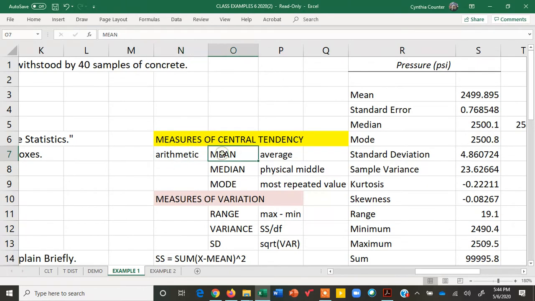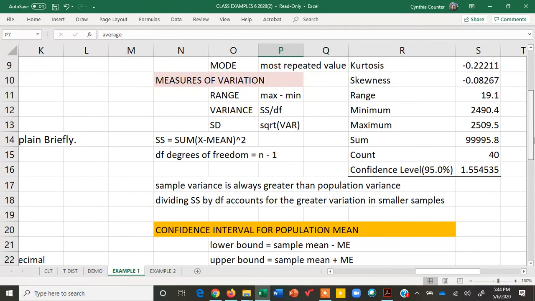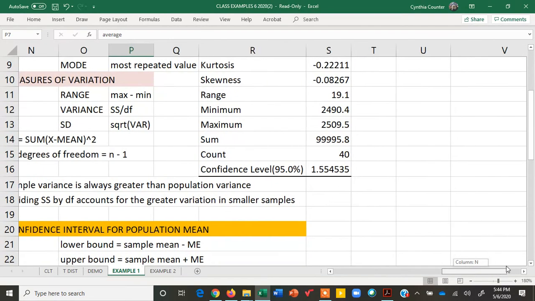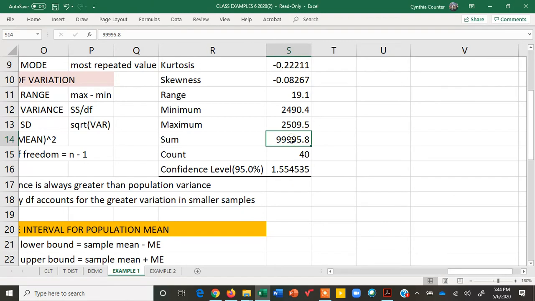So the arithmetic mean, which is the average, we know that you have to add all the data together and divide by how many you have. Well, down here, they did give us the sum of the data, and we know how many there are.